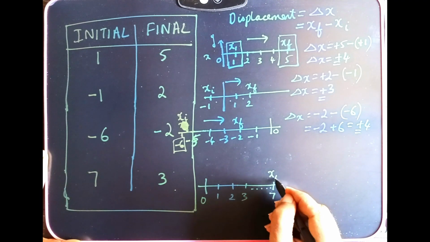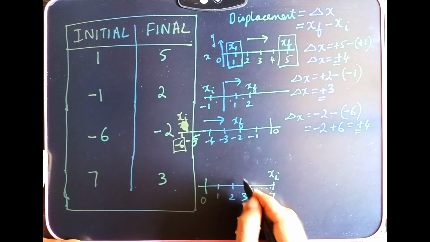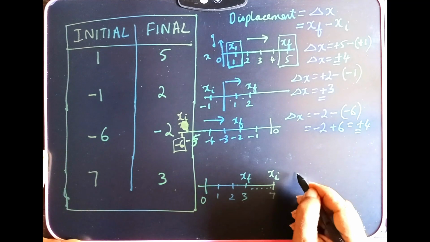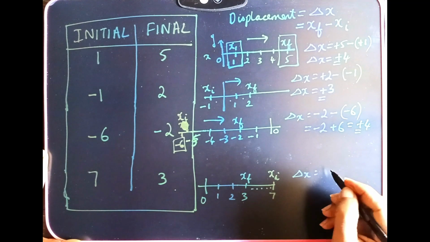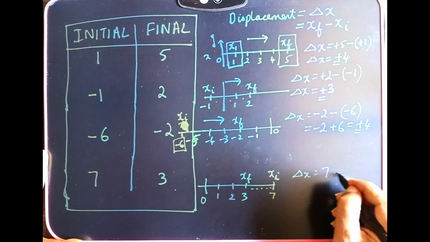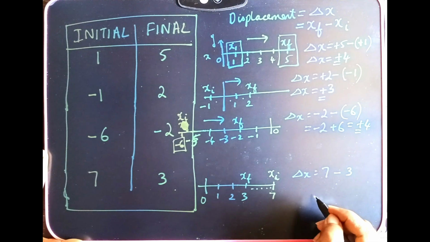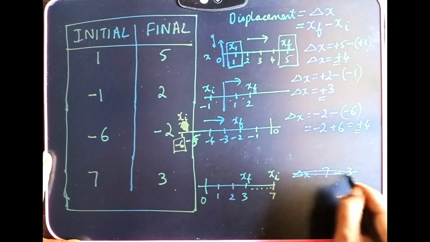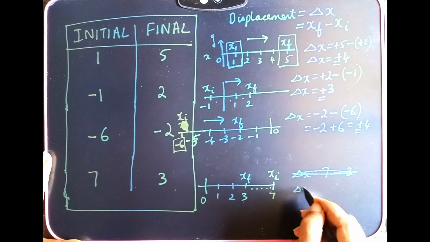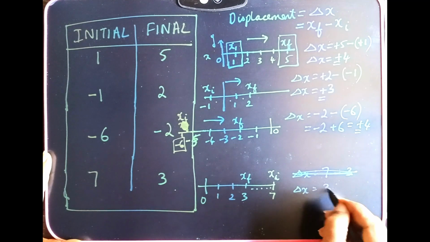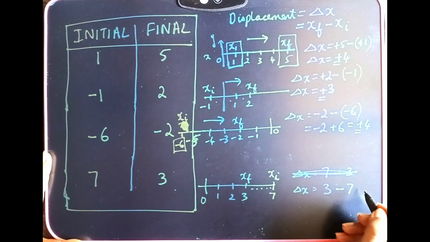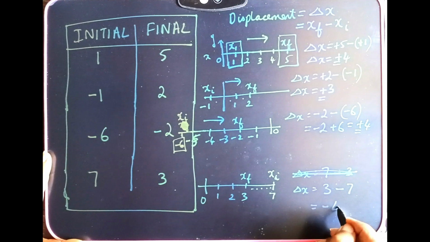Xi, initial, is 7 and 3 is final. Sorry, I made a mistake here. It should be delta x equal to final 3 minus 7, which will be minus 4.